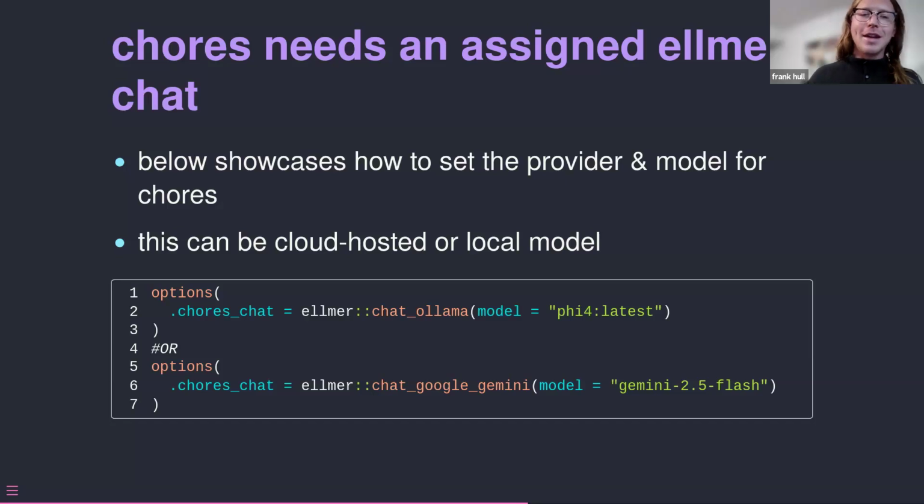So if you're actually going to use this in production, you definitely want to lean towards a cloud hosted model. I show the example below of how you can set your model to be a local model. I had some decent results with that. But if you want to do a cloud-based model, I typically use Mistral or Gemini.